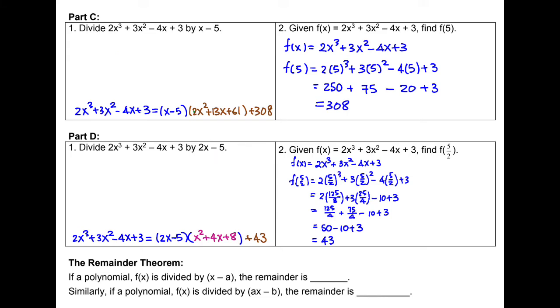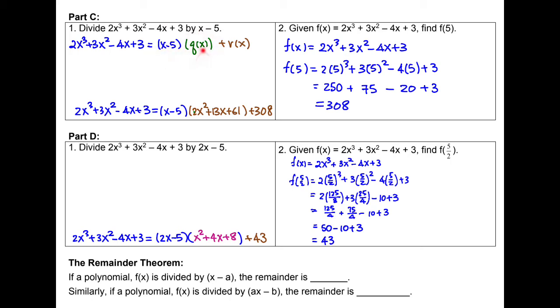Now, let's go back to part C again and pretend we did not do any division. Then our division statement will look like this. Dividend equals divisor (x minus 5) times the quotient q(x) plus the remainder r(x). If I want to find the remainder without doing the division, that means I want this part to become a 0.